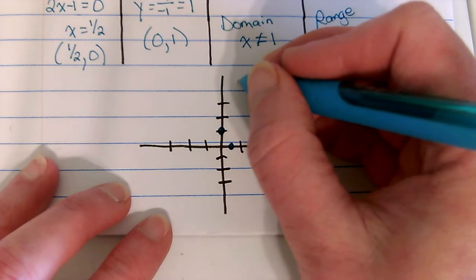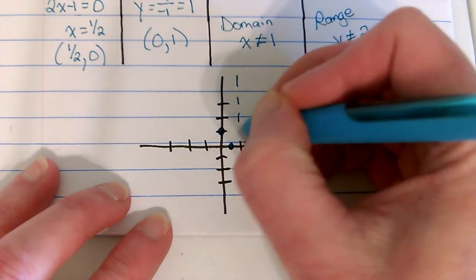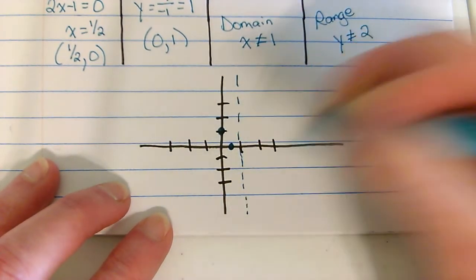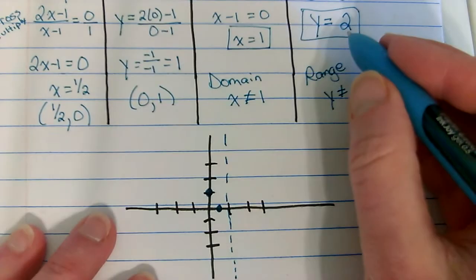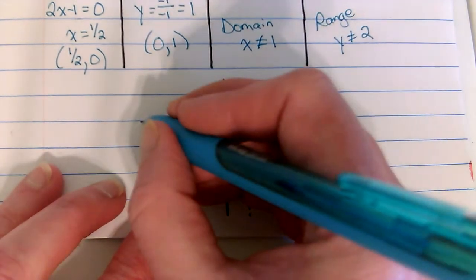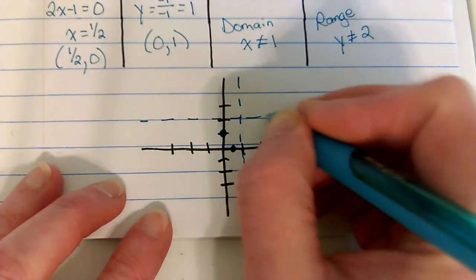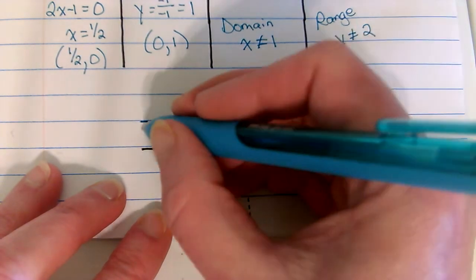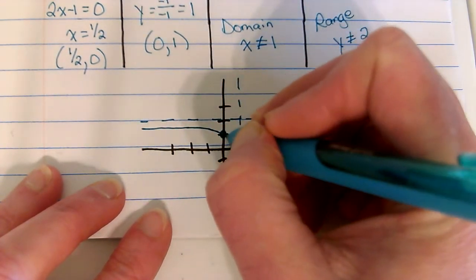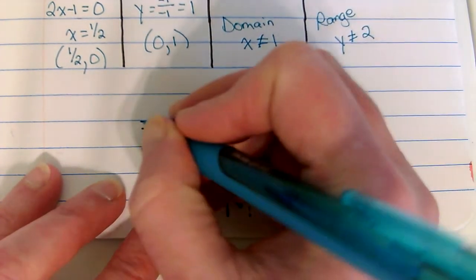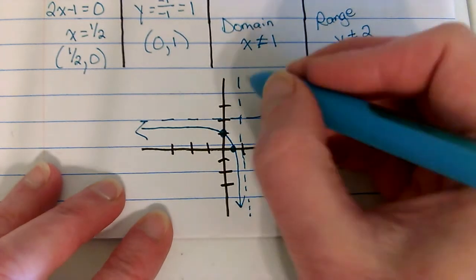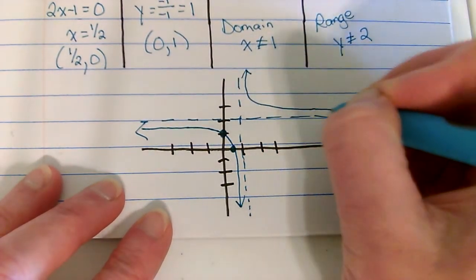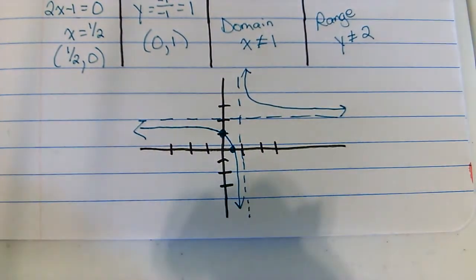My vertical asymptote is at x equals 1. That's a vertical line right there. Horizontal asymptote was at y equals 2. And so since I know I have to go through those points, I know this graph is going to go this way. And then the other side of it is going to be kind of catty-corner. It's going to be going that way.